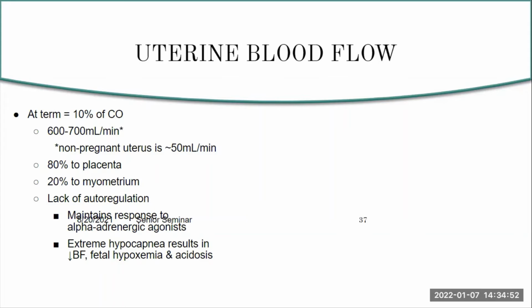Extreme hypocapnia results in decreased blood flow, and you have fetal hypoxemia and acidosis. That is why it's always essential for us to maintain the patient's blood pressure, because if the patient does not have a good cardiac output or a good blood pressure, the fetus will not get oxygenated, and that will cause fetal hypoxemia and acidosis.